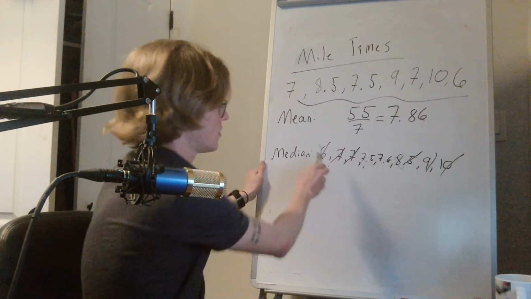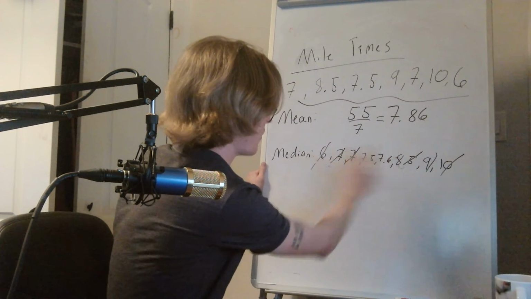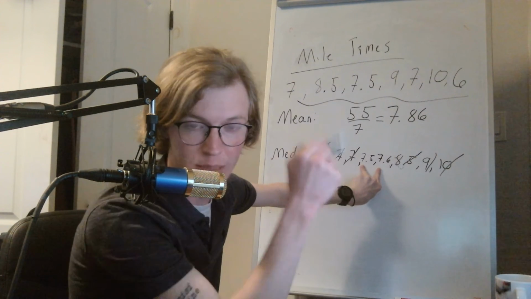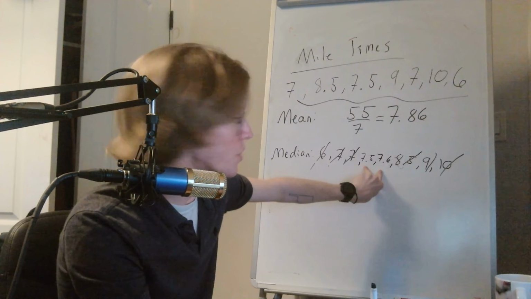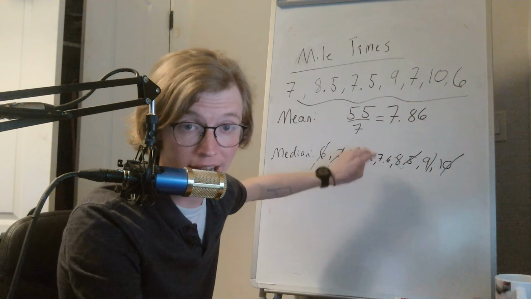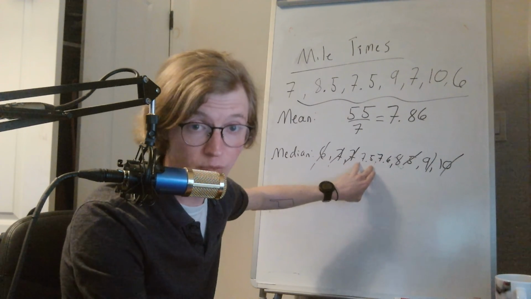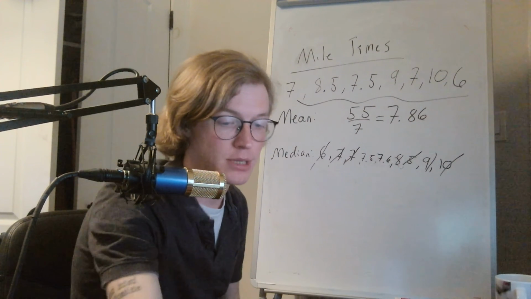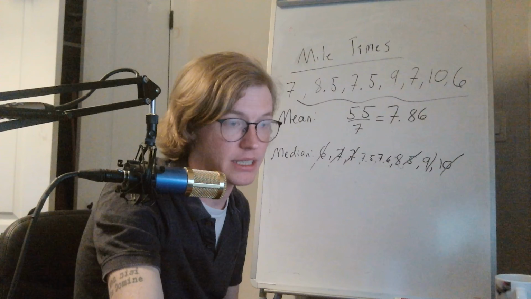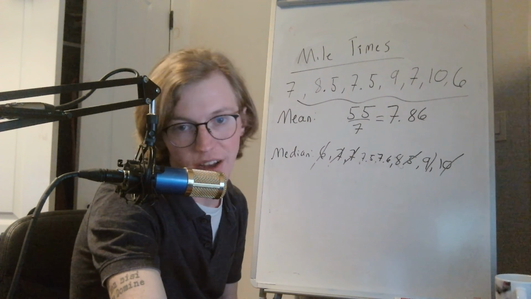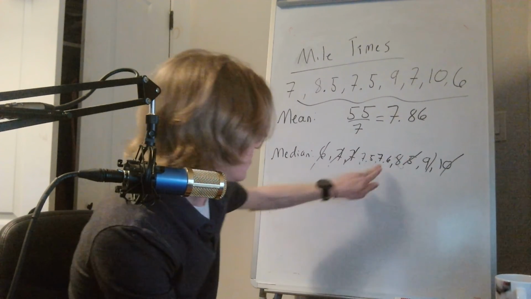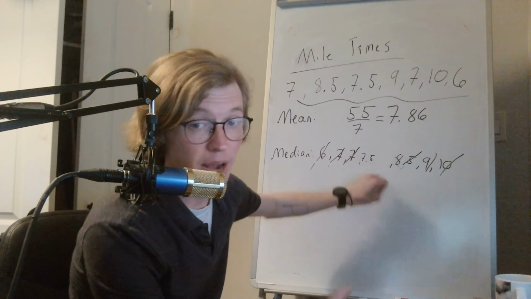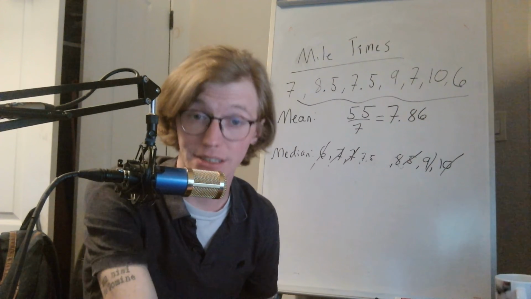So we crossed out 6 and 10, 7 and 9, 7 and 8.5. But now we're left with 7.5 and 7.6. And if you cross both those out, we have nothing in the middle. So in order to find the median, whenever you have 2 values in the middle, you add those values up and you divide by 2. So we do 7.5 plus 7.6 and divide by 2, that's 7.55. But in this case, that's actually not what was there. It's 7.5.